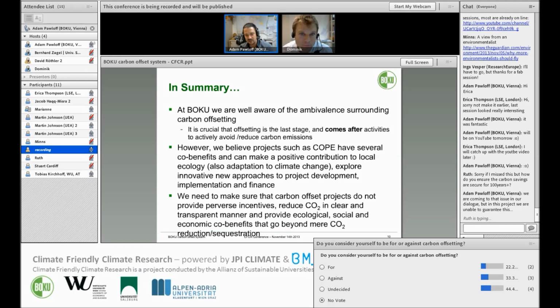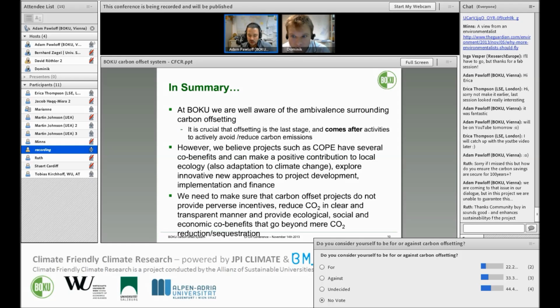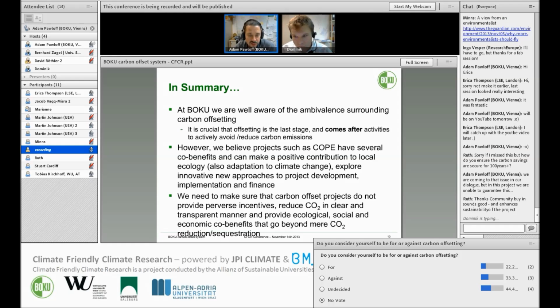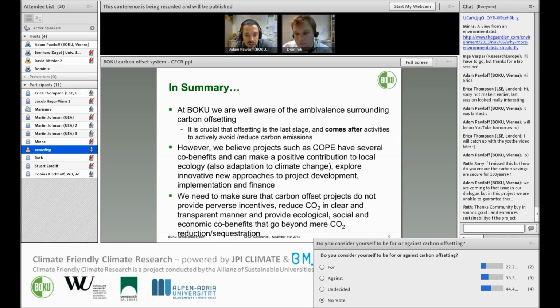Maybe I'll just summarize, and we'll see whether any other questions come in, just to go over this last slide. In the discussions that we're constantly having on the university level, it's absolutely crucial that offsetting is always the last stage in an emission reduction process, and comes after activities to actively avoid and reduce carbon emissions.